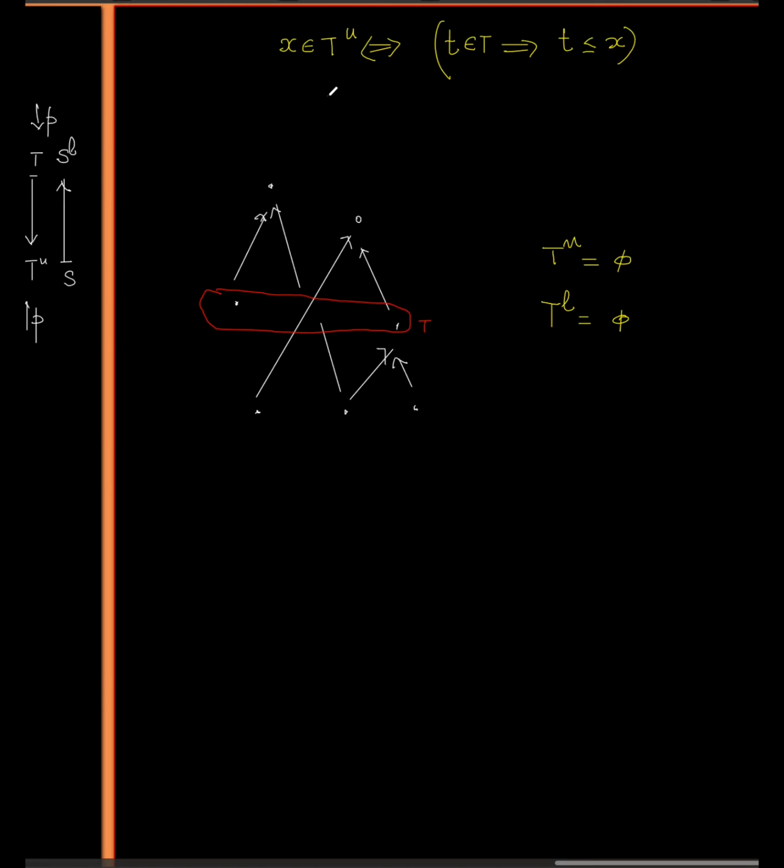So the set of all upper bounds of the empty set, if you take anything, is the whole set. That means the whole poset. Okay, we write it like this. So this is similarly this.